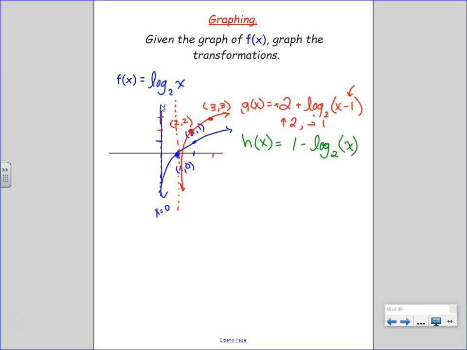Across the x-axis, it's gonna be a vertical flip because it's not inside the logarithm. And then what's going on with the 1? It goes up 1. So this isn't inside, so it's not all weird and crazy and backwards like we think.